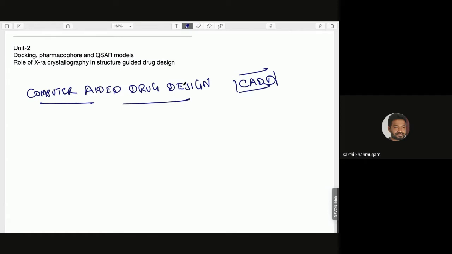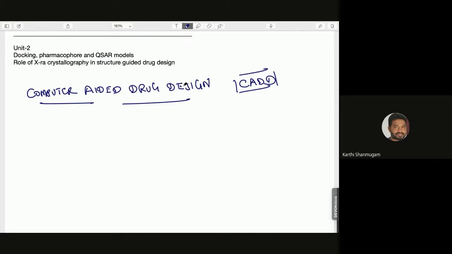There are a variety of applications in CAD which can be very well utilized during the drug discovery process, starting from understanding the disease, identification of the target, validation of the target, identification of the hit molecule, lead optimization, and even ADMET prediction, simulation, so many things there. All stages almost, right?